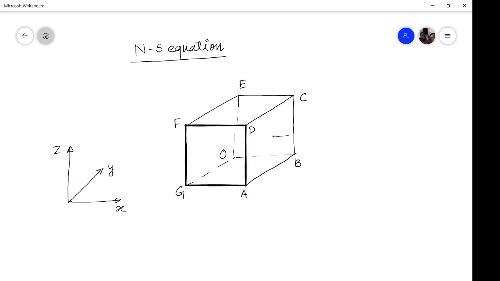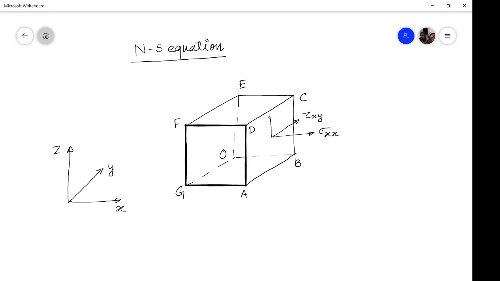So this is, let us say, the direct stress sigma on the x face in the x direction. Likewise, on the x face in the positive y direction will be a positive shear stress. So this will be tau, x face, y direction.